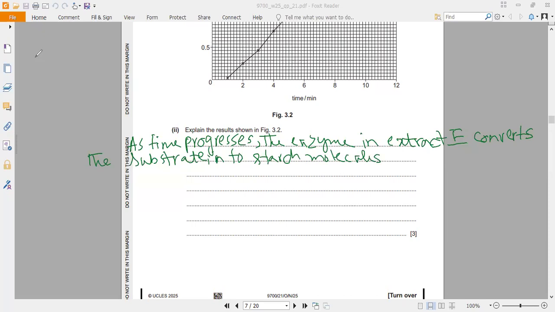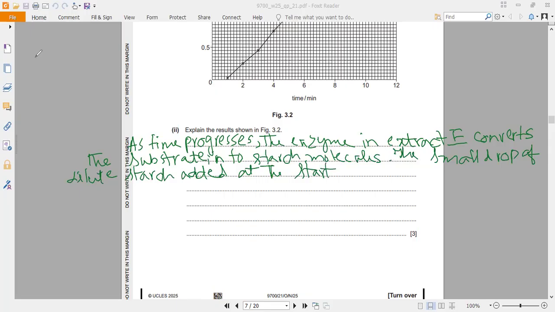So this is the way you will write in your exams. The small drop of dilute starch added at the start acted as primer.